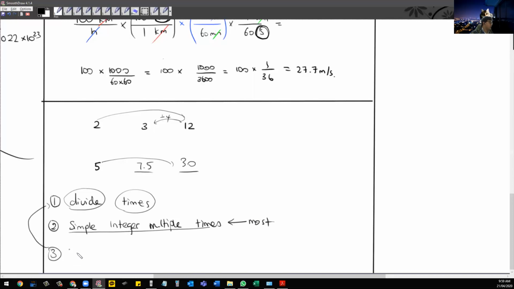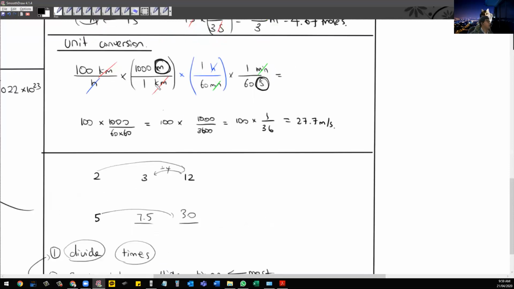Okay, so this is the unit conversion method. So if you have 2, 3, 12, what that means is, just as in this case, 1 kilometer is actually the same as 1,000 meters, true? And 1 hour is the same as 60 minutes.